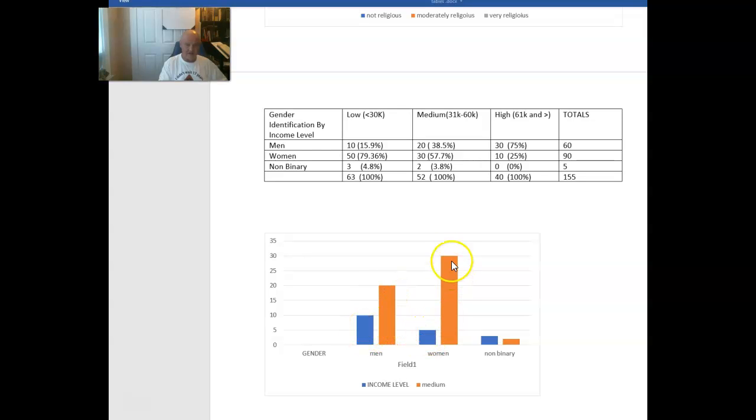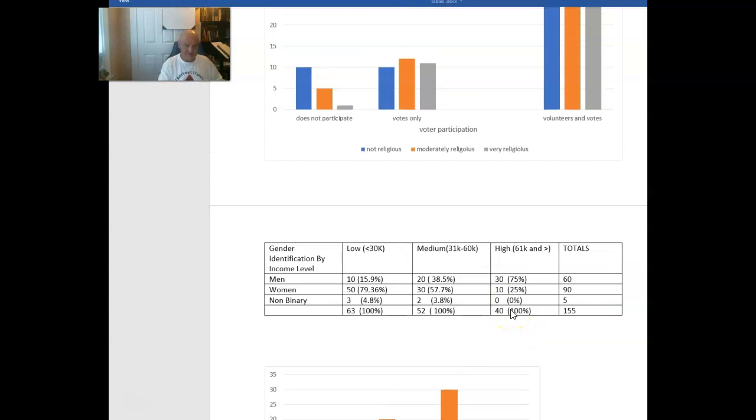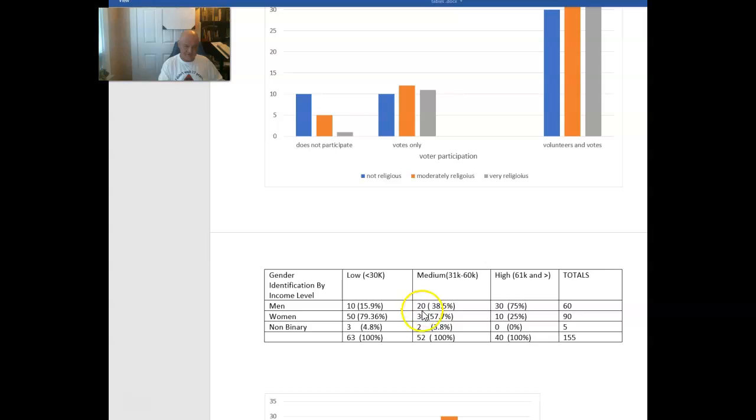Notice that for this hypothetical data, they compare the income level here with the medium income level. And this would be low. I think this would be medium and high. For some reason, high wasn't included, so don't worry about that. Just focus on how to read this table.